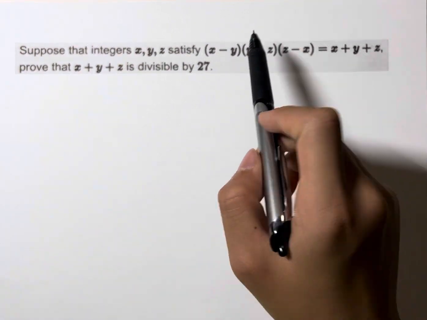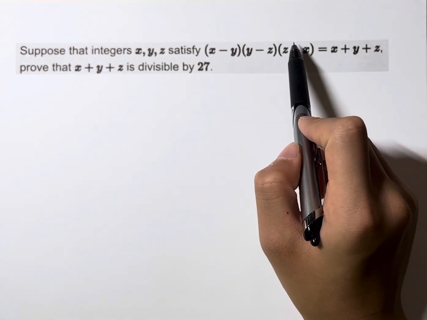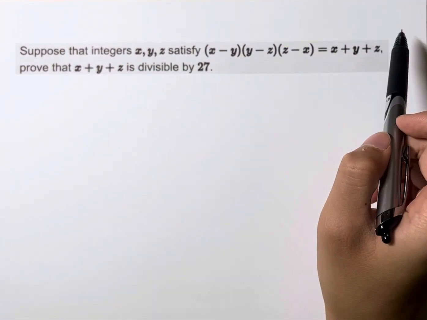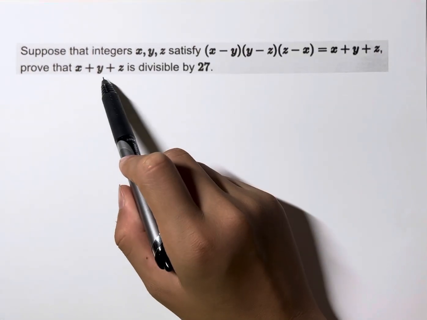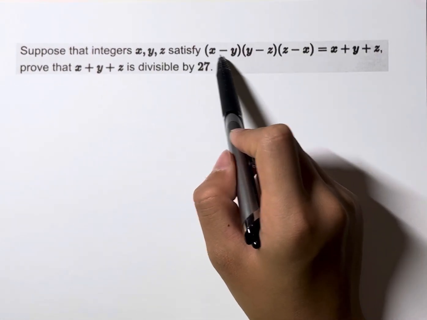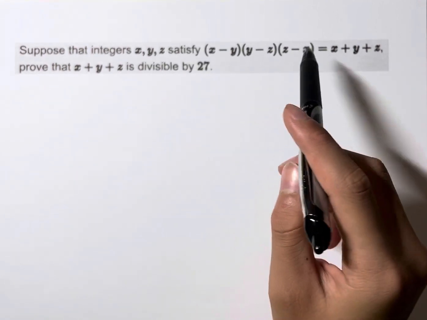So, the product (x minus y)(y minus z)(z minus x) is equal to x plus y plus z. The question is going to be the same thing as proving that this product is divisible by 27.